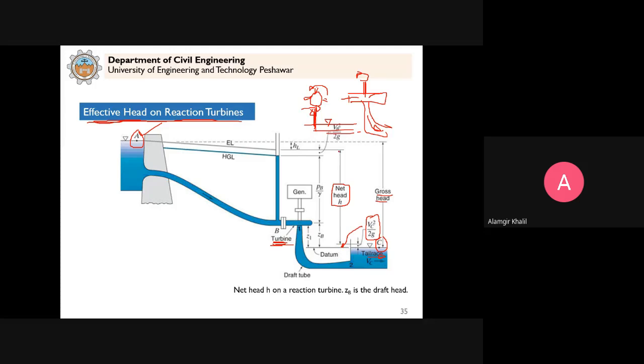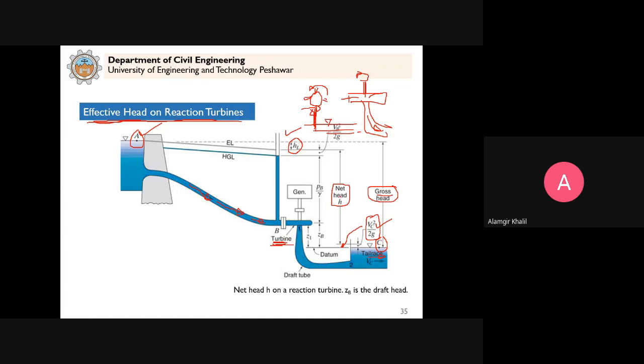So this is the net head, and what will it be equal to? It will be this gross head minus this Vc square by 2g minus these head losses, which are head losses in the penstock. This is the pipe which supplies the water to the turbine, so head loss will occur in this pipe.